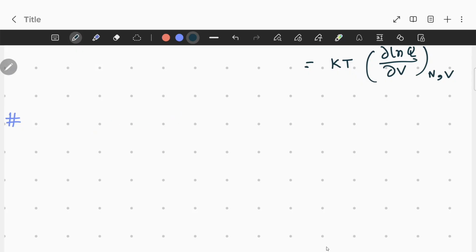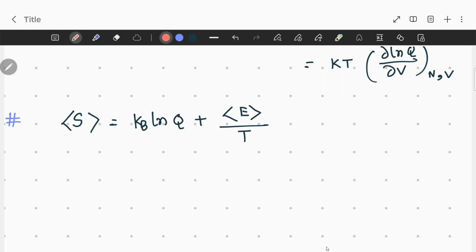But today there is not sufficient time to calculate the entropy, so we'll calculate it next day. Today you just assume what the entropy is. This is our entropy, and we will look at it in detail in the next class.